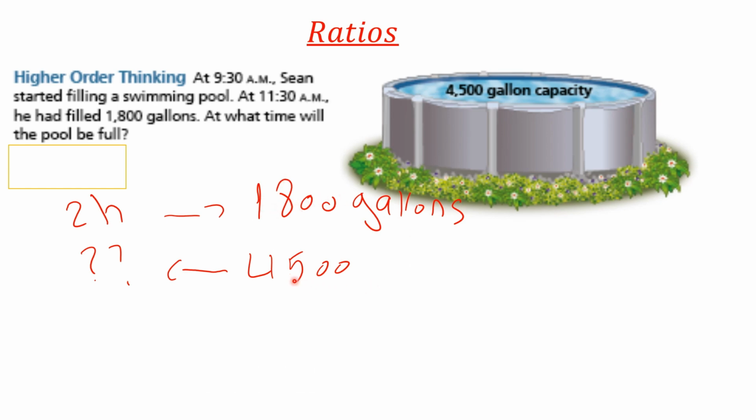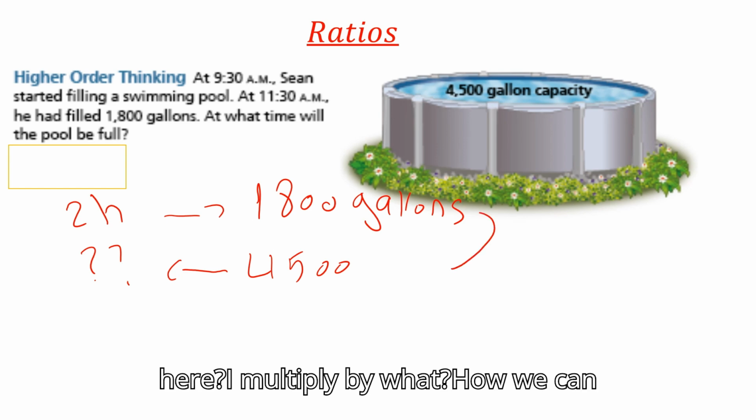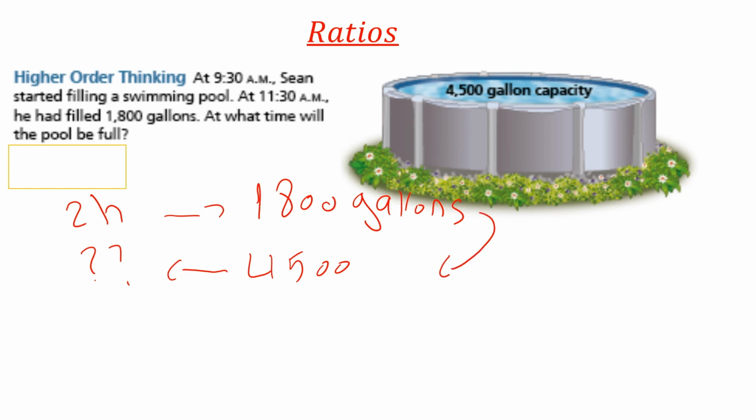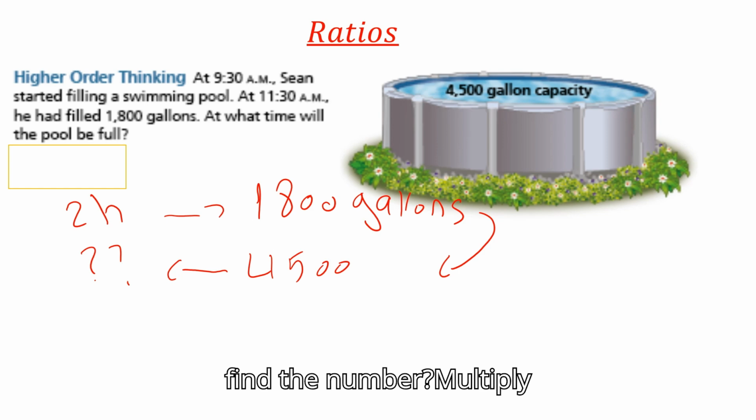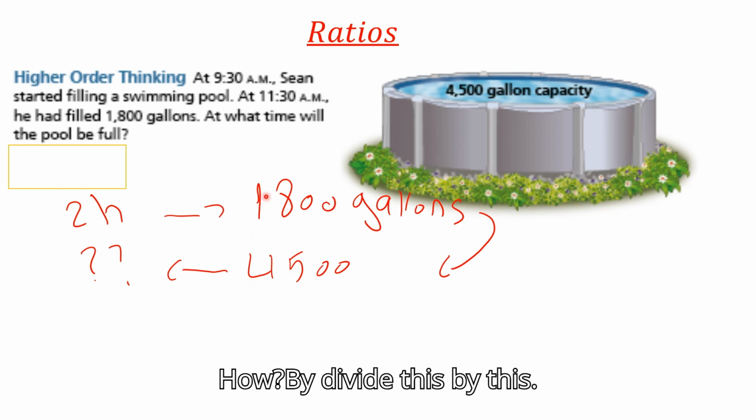It's going to be 4,500. How? By multiplying by what? From here to here, multiply by what? How can we find the number? Multiply 1,800 by something to get 4,500. How? By dividing this by this.